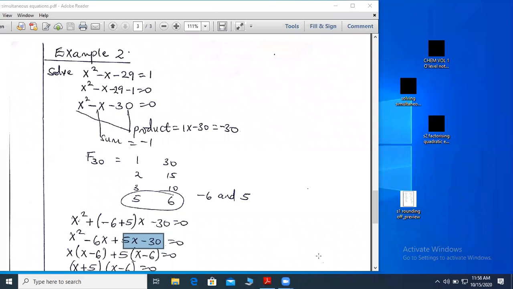Okay, equal to 0. So I think I should ask Joshua again. Joshua, what is the next step from here? What are the two values of x from this stage?